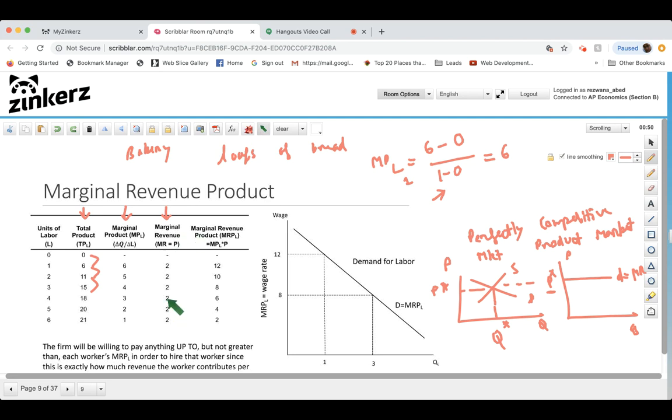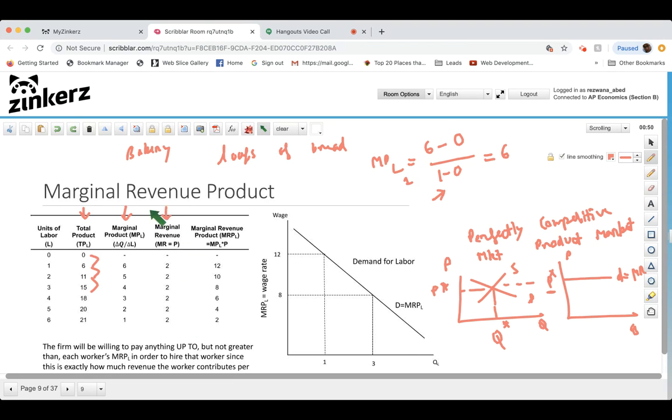It's because, apart from assuming that we are in a perfectly competitive labor market, we are also assuming that we are in a perfectly competitive product market. So this is why marginal revenue is equal to price, and it's a constant number. Okay?